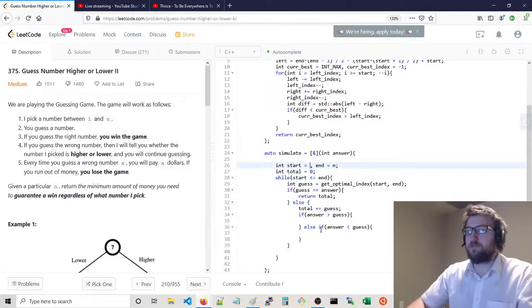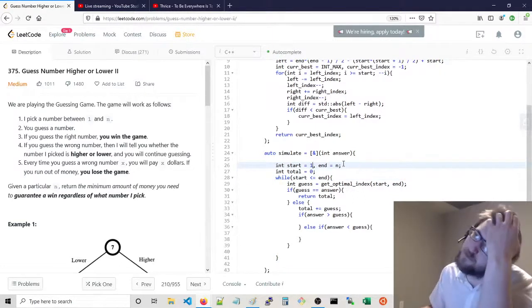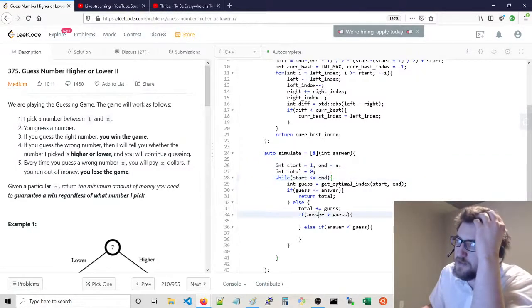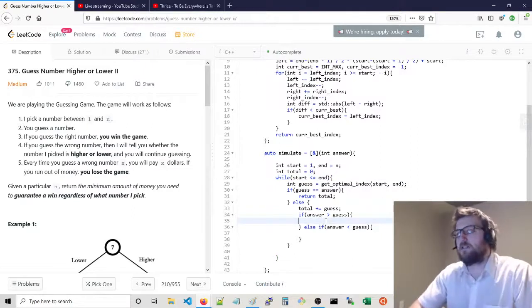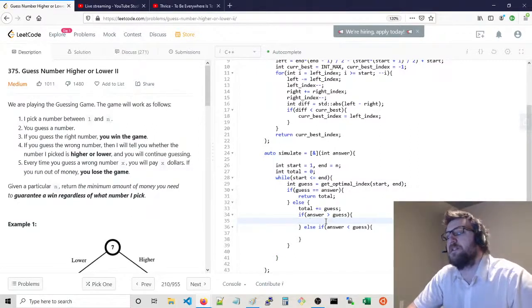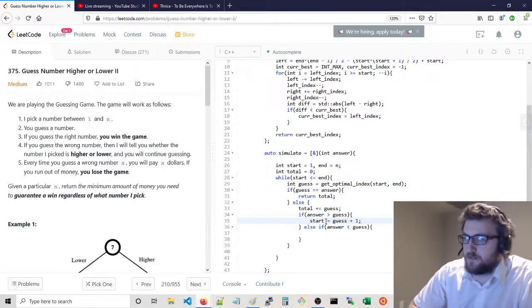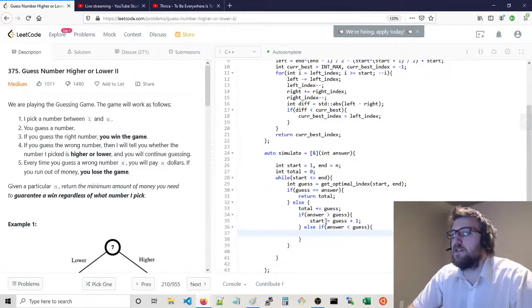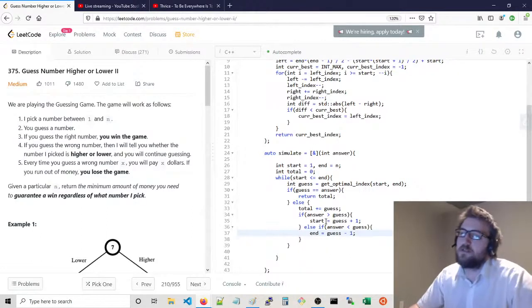Also the start should be 1. If the answer is greater than the guess, then we update our start to the guess plus 1. And if the answer is less than the guess, update the end to the guess minus 1. And I think that's all you really need to do.